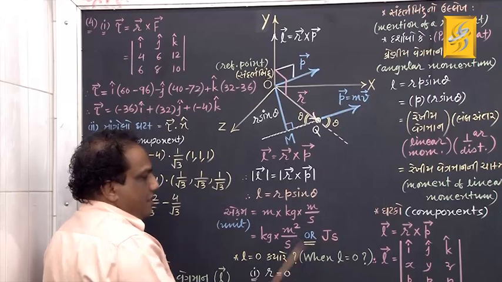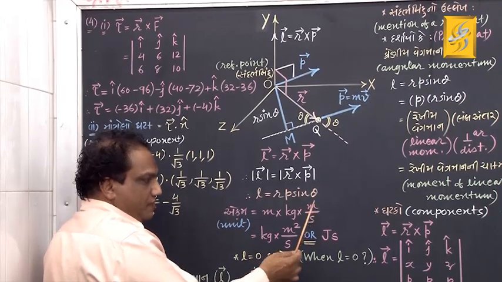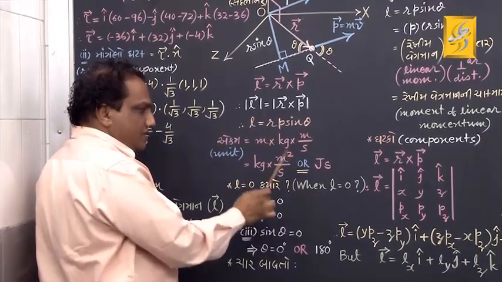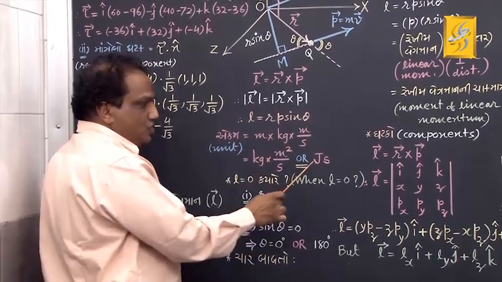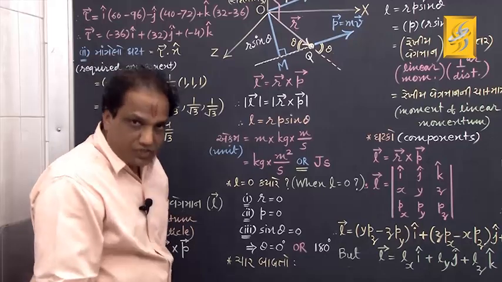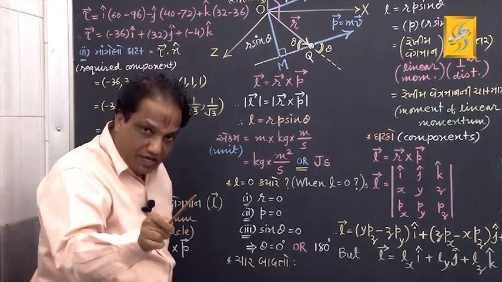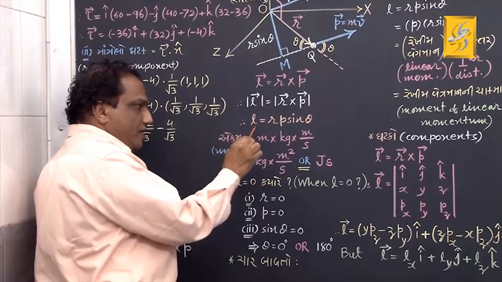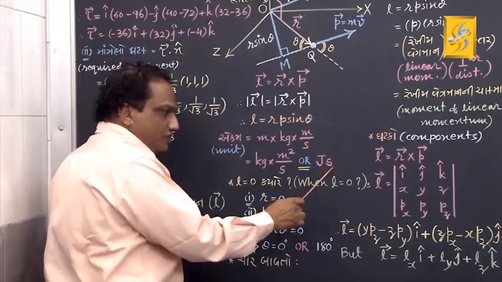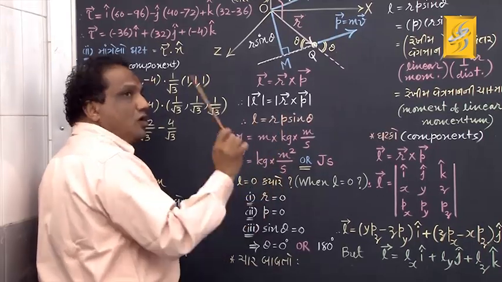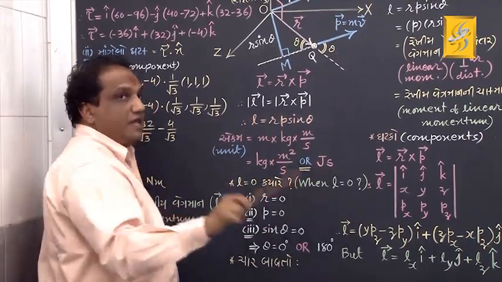Kilogram as it is, meter into meter, meter square upon second. And now this SI unit is as good as joule into second. Had it been linear momentum, then newton into second. Right now it is angular momentum, so the unit is joule into second. Okay. So either you say kilogram meter square per second, or you say joule second, one and the same.